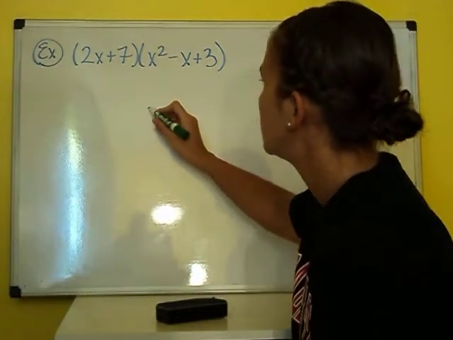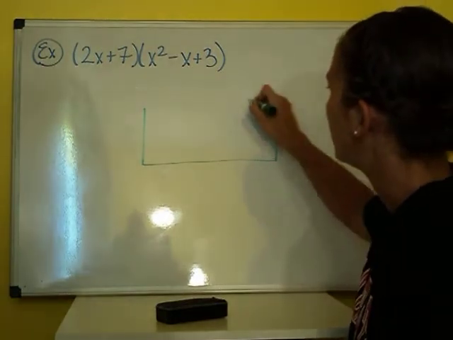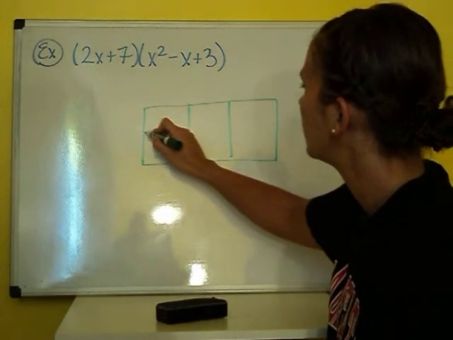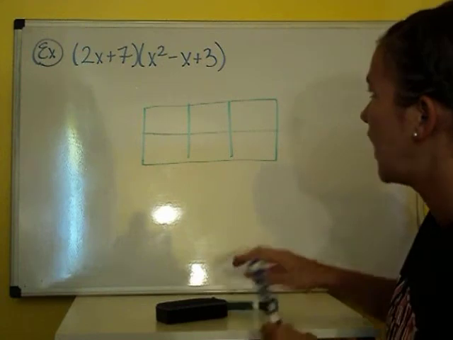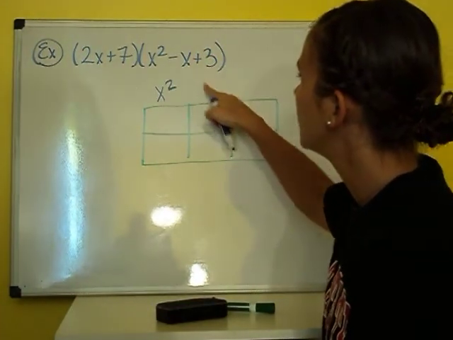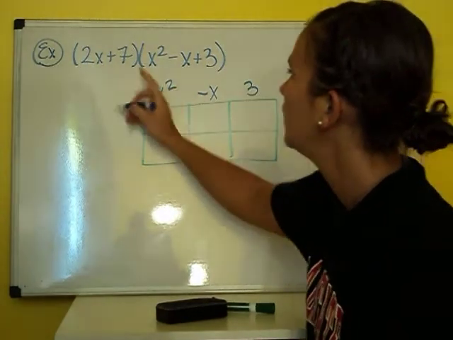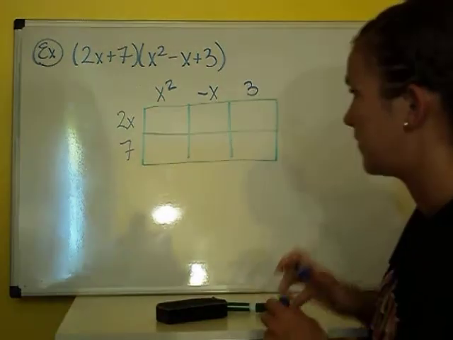So what we're going to do is, instead of a 2 by 2 chart, we're going to have a 2 by 3 chart. Okay? So up top, we're going to have our x squared. This will be my negative x, and this will be my 3. Here I'm going to have 2x, and here I will have 7.